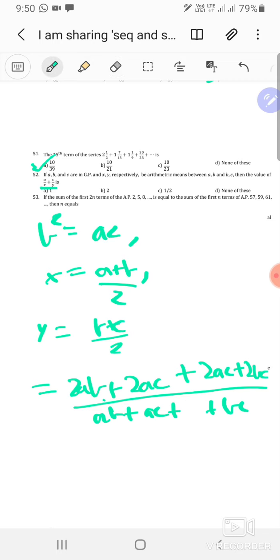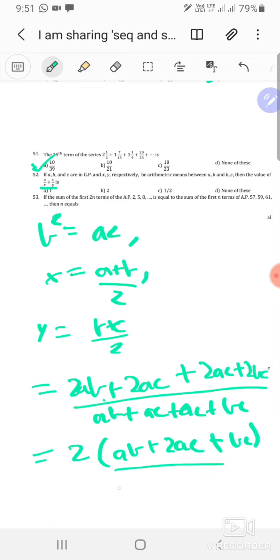So this will be AC once again. Is there something which is a common factor? Not seeing anything like that. Wait, actually this might work. So 2 into (AB plus 2AC plus BC), and over here also you have AB plus 2AC plus BC. So yes, this completely cancels, you just get 2. So this has to be 2. Okay, cool. Let's move on.